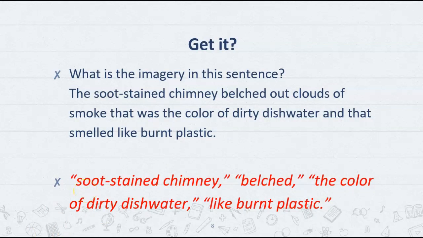The chimney belched out clouds of smoke. That gives us a sound to reference. It was the color of dirty dishwater, and it smelled like burnt plastic. Very rich sensory language there, telling us how it looked, how it would have sounded, what it smelled like. Very rich, creates a very vivid picture for us. So that's imagery.